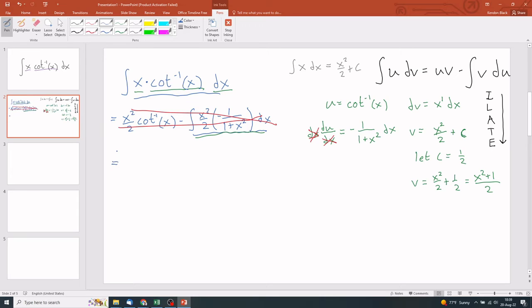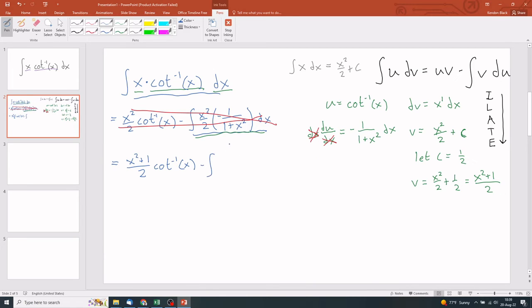The first part is u times v, so now we have x squared plus 1 over 2 times our u, which is arc cotangent of x, minus the integral of v du.